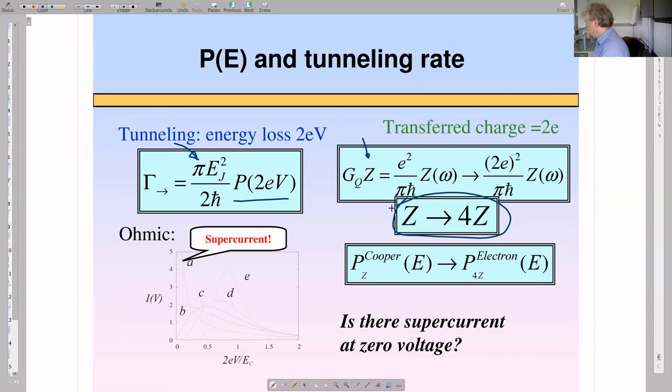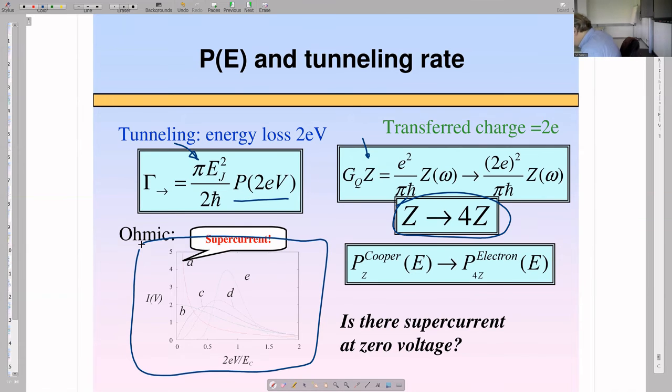Otherwise it's the same P of E. And I plot the current versus voltage for different cases. Since it's just a plot of P of E, I copy and paste the plot I used for single electron tunneling. It's just the same function.